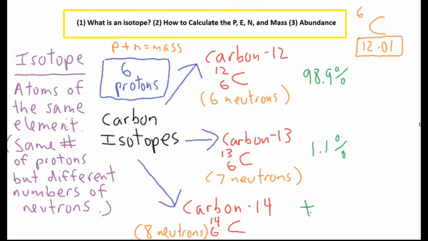This one would be considered trace amounts, which means that it's not impossible to have carbon 14, but they are very, very rare and very unstable. So you're not going to find very many of them. Carbon 12 is by far the most abundant one found in nature. So whenever you're taking a look at this number on the periodic table, remember, this is the average mass of the isotopes.